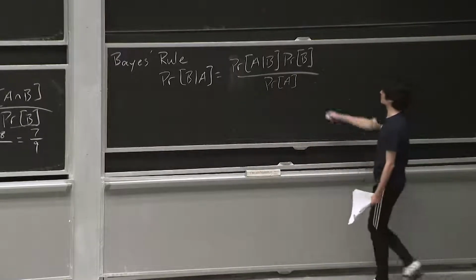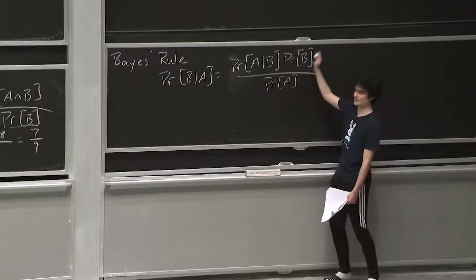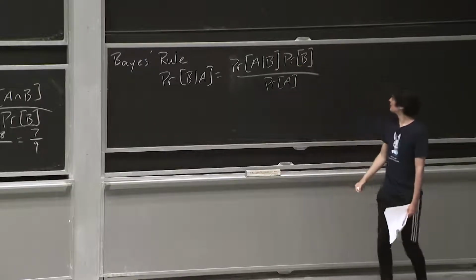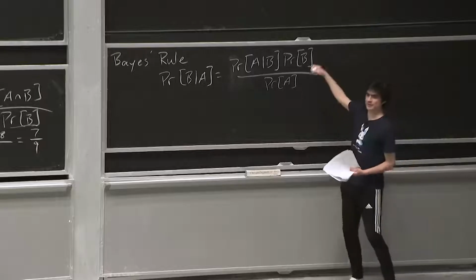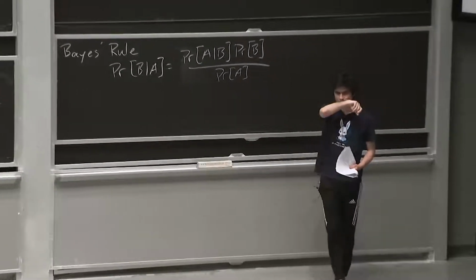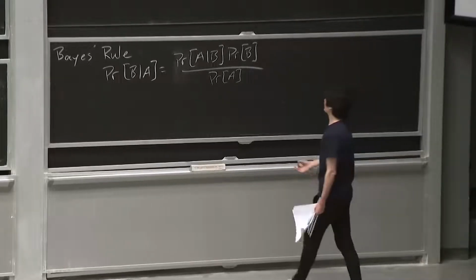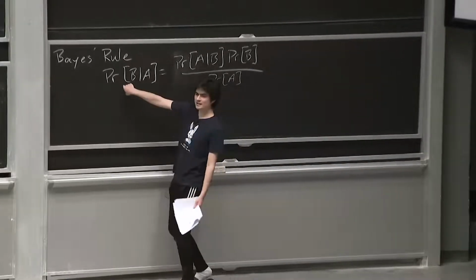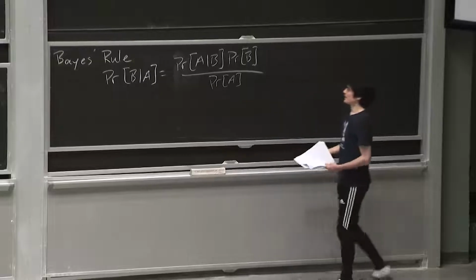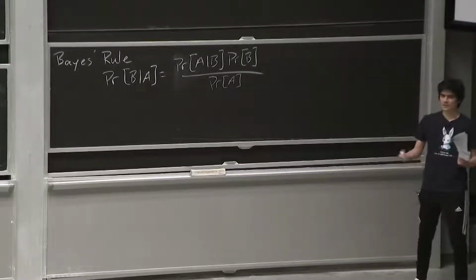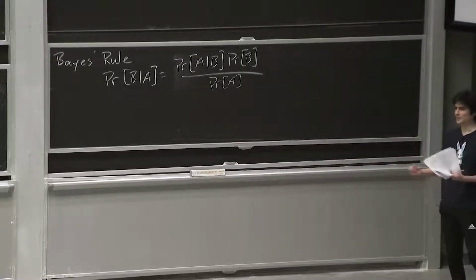So in the example we just saw, these two are the same, so they just cancel. But more generally, you want to multiply by the quotient. And you can think of this as the product rule in disguise. If you just move this probability of A over to this side, now you're just computing the probability of the intersection of A and B on both sides.